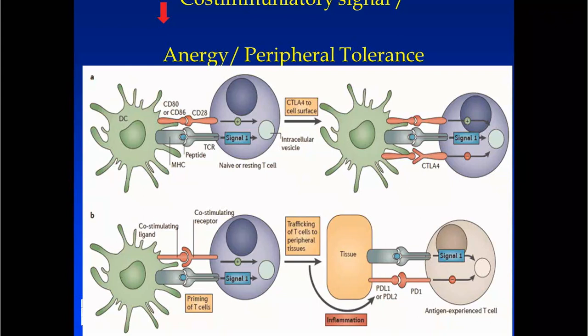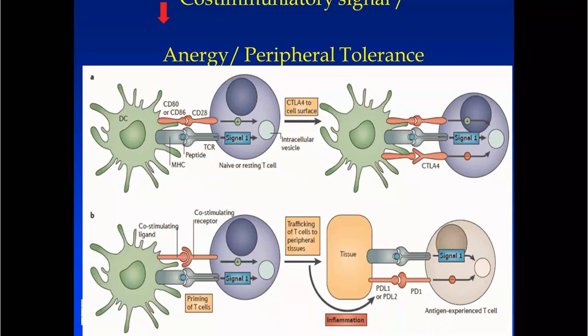The second signal is the co-stimulatory signal, CD28 on the T cell and CD80 on the dendritic cell. This is normal priming. If there is CTLA4 on the right, this will prevent priming and lead to anergy. This CTLA4 is produced by the tumor cell.